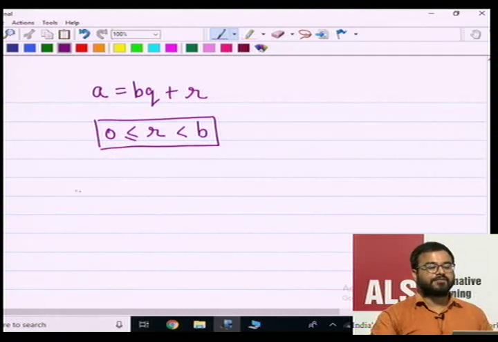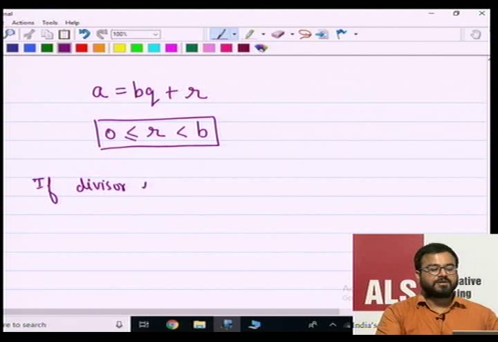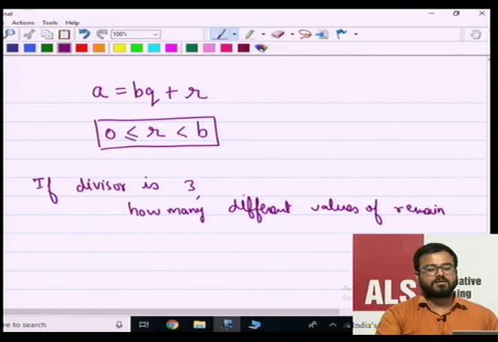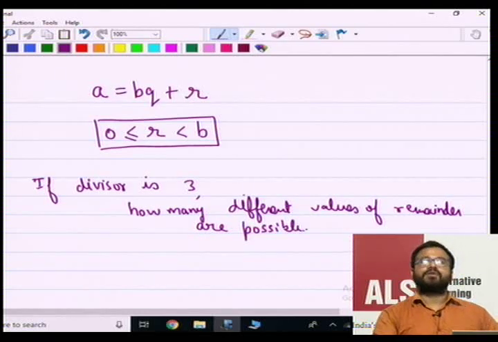So let's say, a very basic question: if the divisor is 3, how many different values of remainder are possible?